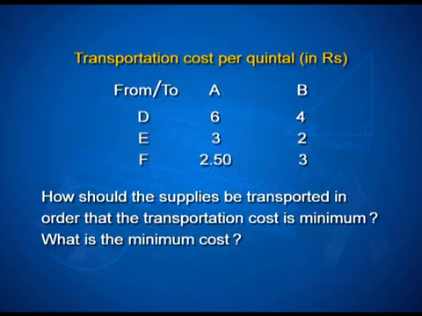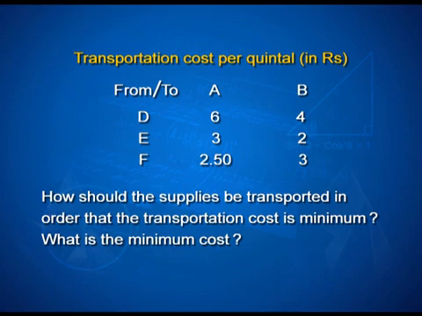So, if you read this table, it gives you complete information that from A to D the per quintal transportation cost is 6 rupees, from A to E 3 rupees, from A to F 2 rupees and 50 paisa.